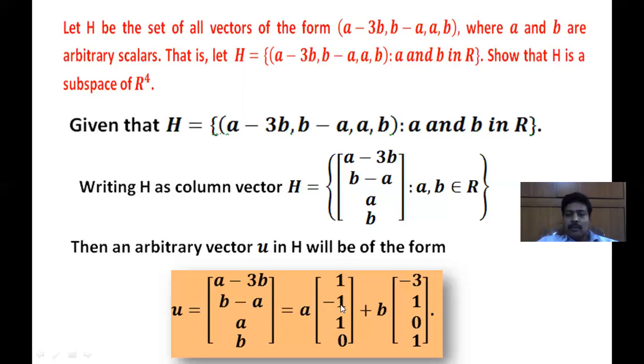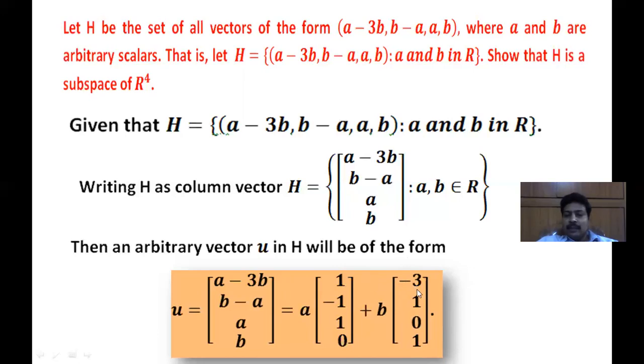In the second row we have taken minus 1 because of the minus a. In the third row it is a, so that's why it is 1. There is no a in the fourth row, that's why it is 0. Plus b times minus 3, 1, 0 and 1. So each u in H can be written in this form.